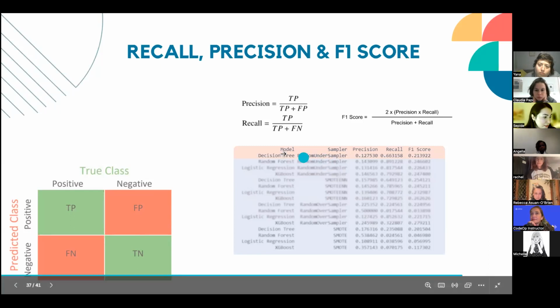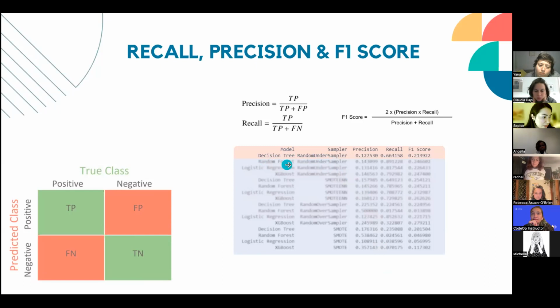For example, here we had a decision tree model and used a random sampling method in this model. As you can see, recall is here about 66%, which is not bad. It means 66% of our fraud cases are identified correctly by this model and resampling method. But if you have a look at the precision value, it's very low.